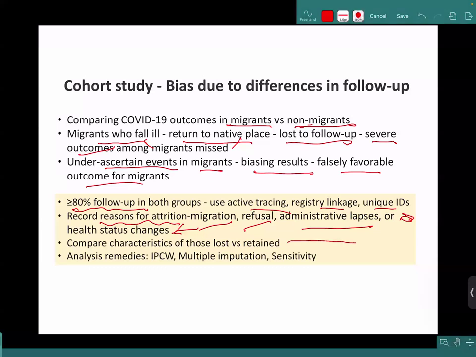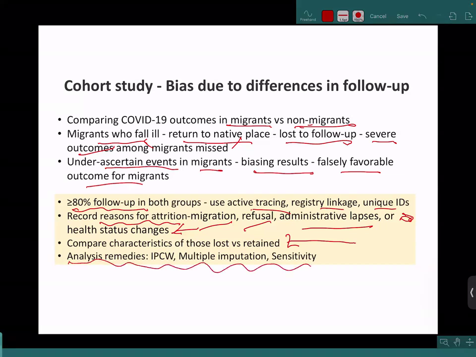If the loss to follow up is very small, and you can show that there were no significant differences between the small number who were lost to follow up and those who have been retained in your study, you can drop the observations lost to follow up, and have an analytic data set for whom the entire data is available, and you can safely do analysis in that data set, given that it's a very small percentage who are lost to follow up and there are no baseline differences between them and those retained in your study.